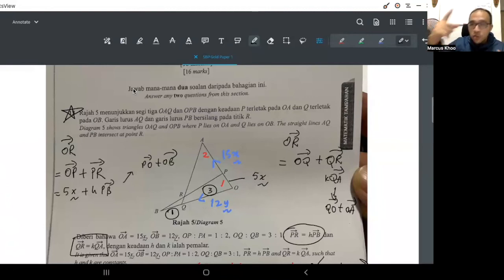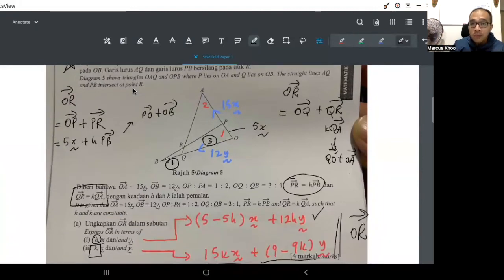Open up the picture, draw the triangle again if it helps you. Don't be like me, I put all my eggs in one basket. Every piece of information is in the same diagram, so sometimes it can be a little bit complicated to see. If you draw your own diagram and find your own vectors, it can be done. This question is actually quite easy, but you need to sit down and take some time to work through the problem.